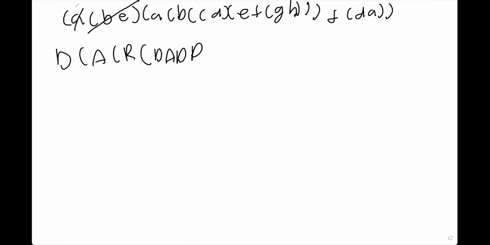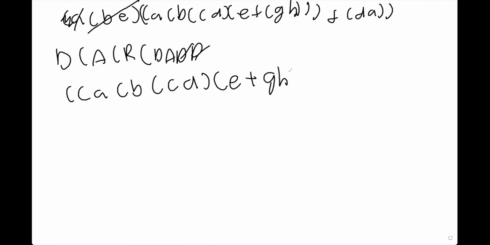Then we have, we're going to put this here. After we do this, and then there's CAR, which means only get the first one.